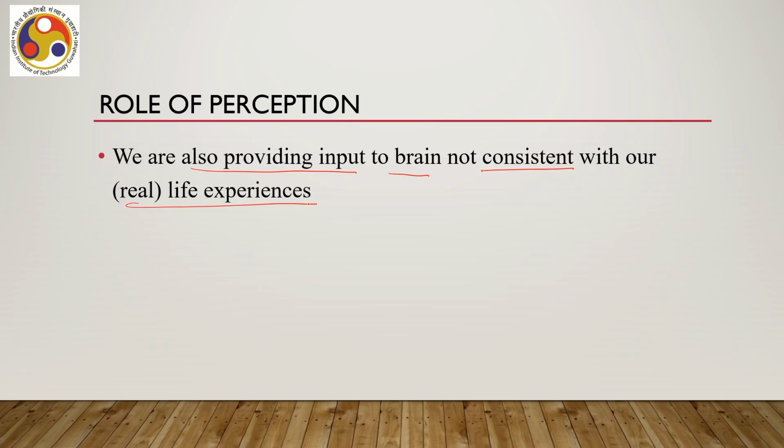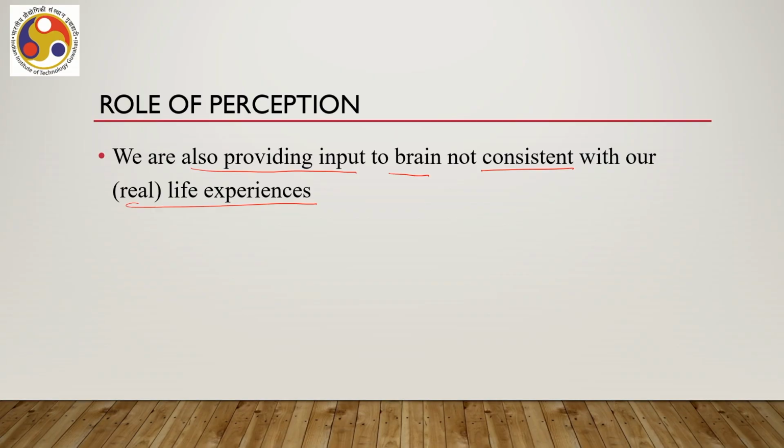Most of the time we will be doing things to experience the virtual world which are generally not consistent with the way we do things in the real world given the same situation. So, generally we are sending signals that are not consistent with our real life behavior.